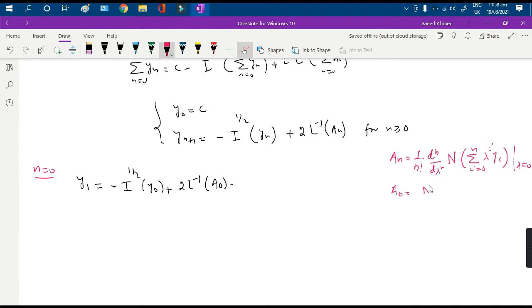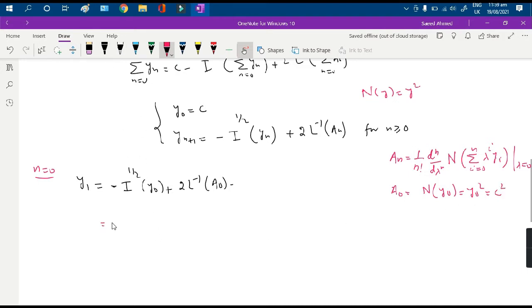The sum from i equal to 0 to n, which is again 0, will generate only one term for i is equal to 0. So lambda to the power 0 is 1, and we only have y0. Since the nonlinear term N(y) is y square, N of y0 is y0 square, and since y0 is c, it is nothing but c square.